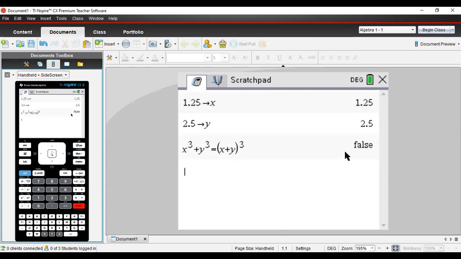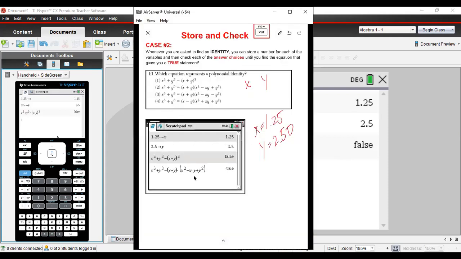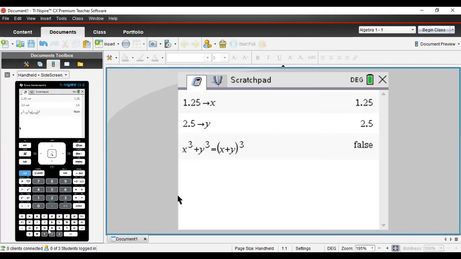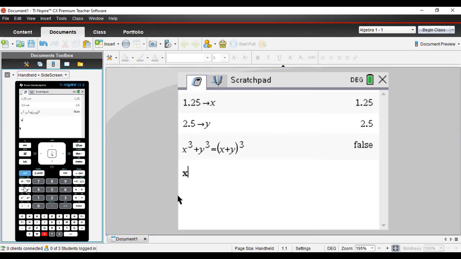So I got a false statement, so that means that's not the answer. So we can go to the answer sheet and we can cross number 1 off because that's not an identity. We just proved it. Now we're going to try the second one. So the second one says X to the third power plus Y to the third, equals, and then what do we have?